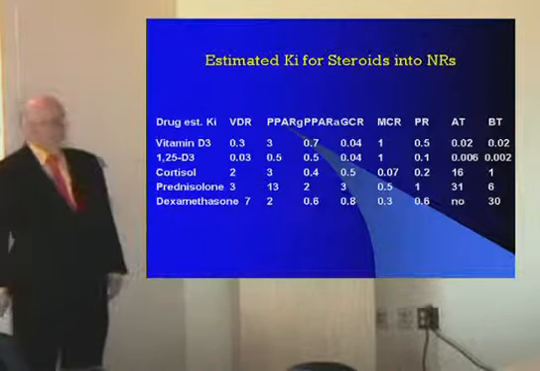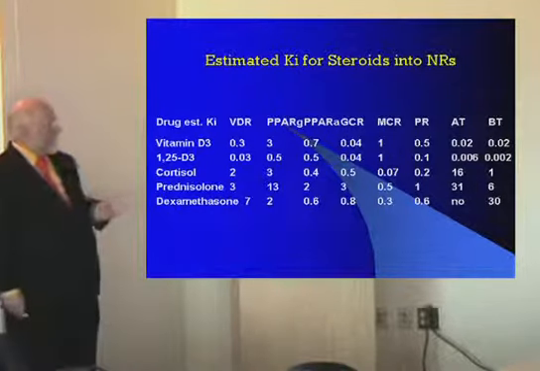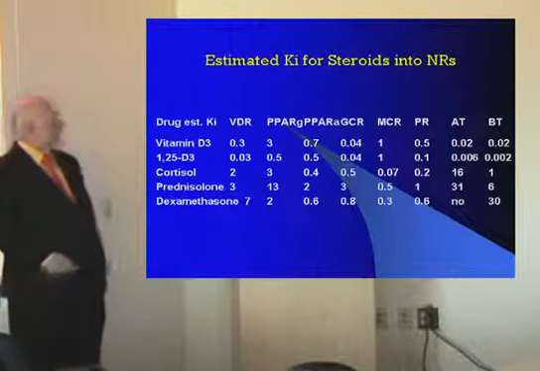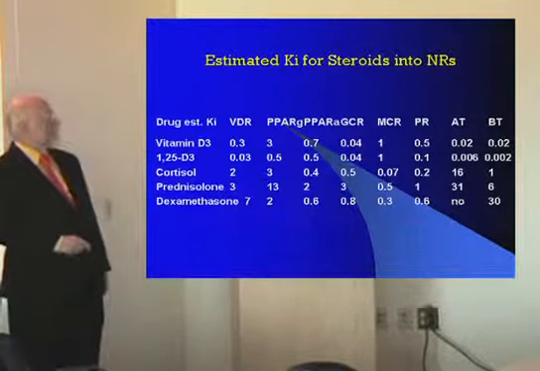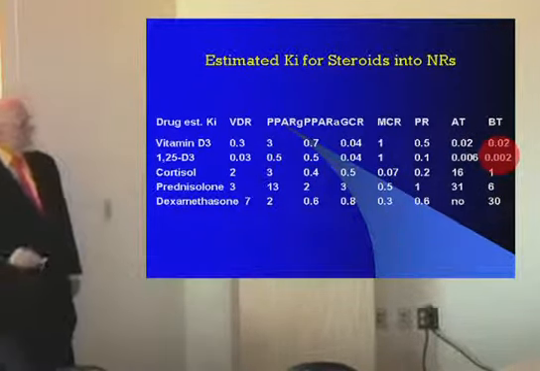And we can see some very interesting things that the mathematics is telling us in the genomics. We can see that, for example, 1,2,5-D3, which is the active ligand for VDR, has actually 10 times higher affinity for the beta thyroid, and similar for the alpha thyroid.